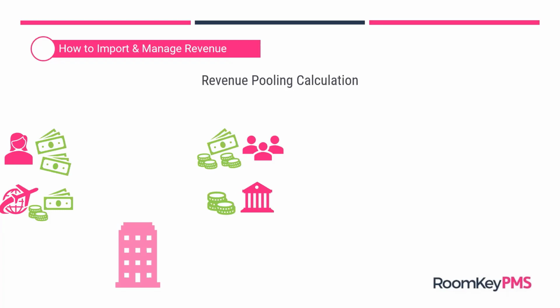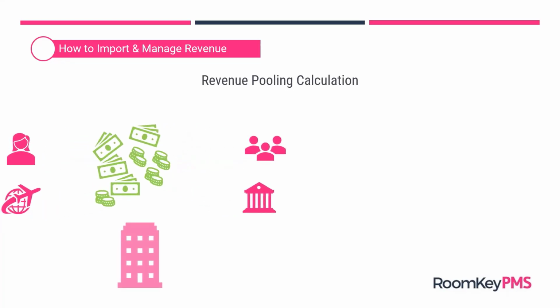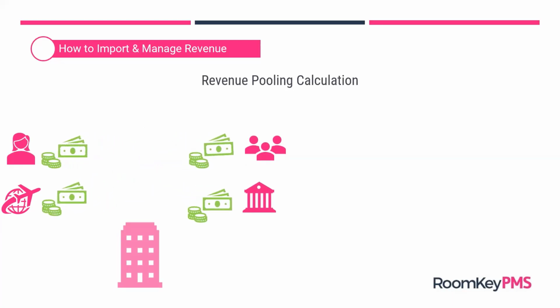But our HOA portal can actually accommodate the pooling of this revenue, where instead of being distributed out to individual owners, the revenue is imported as a pool, just a lump sum here. It's all pooled together and then redistributed, even distribution, or it can be distributed based off of revenue factors.